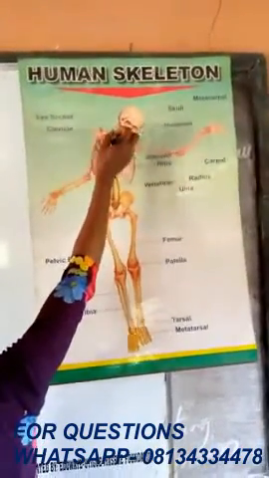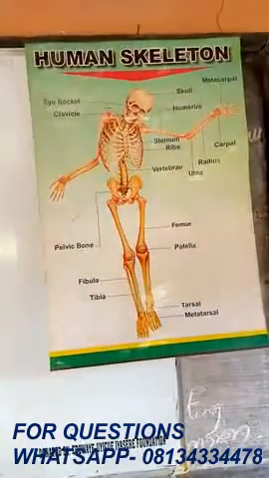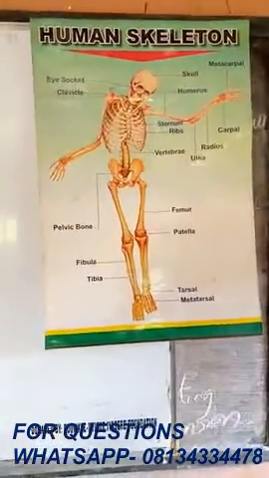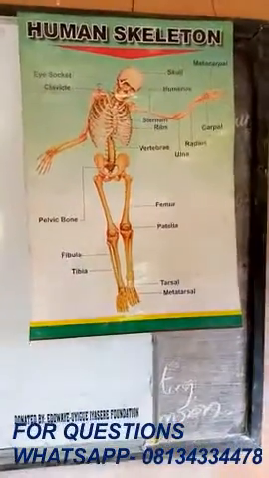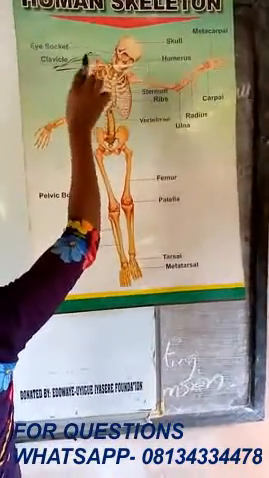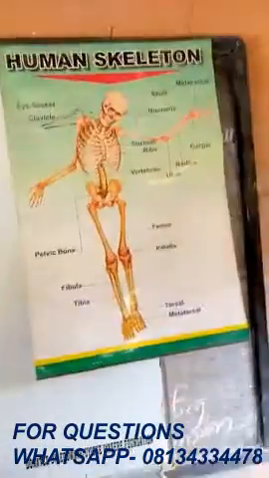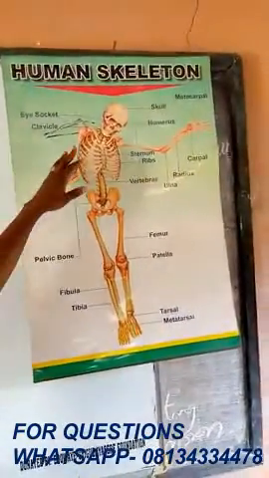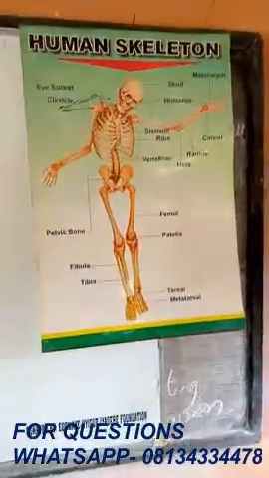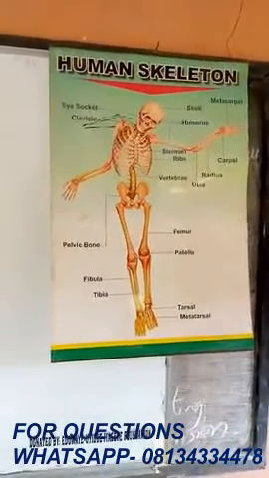This vertebratia is divided into 2. The first part is the atlas. That is to say, under the cervical vertebra, we have the atlas and the axis. The atlas is the first part, and the axis is the second part in the cervical vertebra.